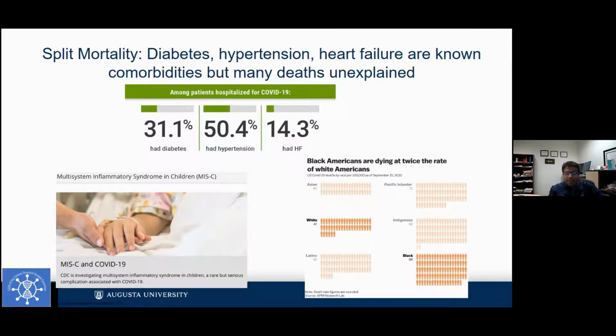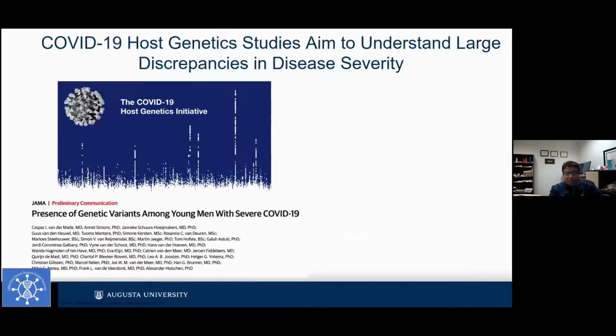And there have been a lot of global efforts in understanding the host genomics. Why are some individuals affected worse in comparison to the majority? As I said, there are multiple global efforts, and one of the biggest ones is the COVID-19 Host Genetics Initiative, and we have been following the data from there.